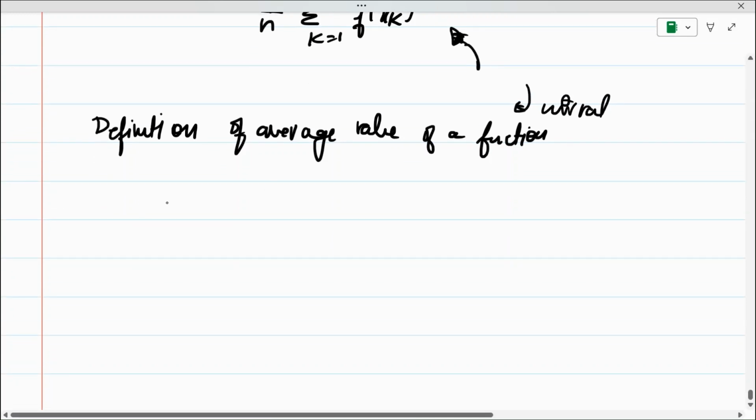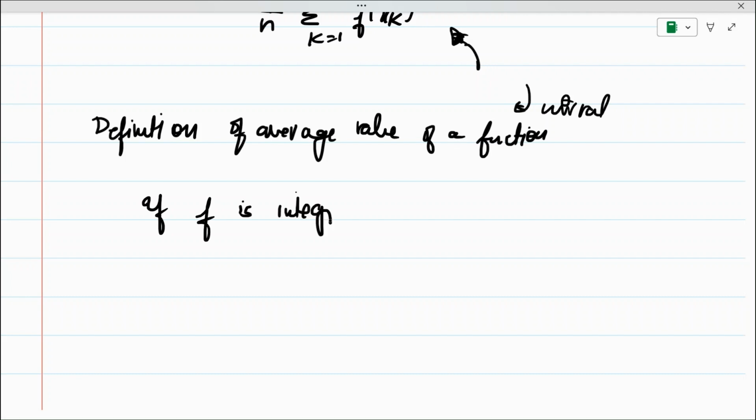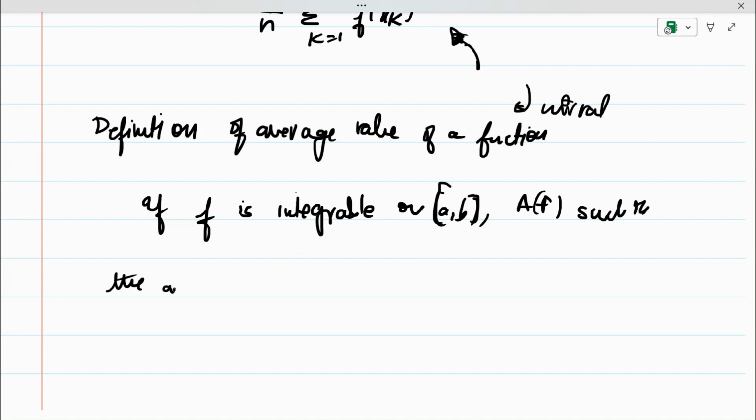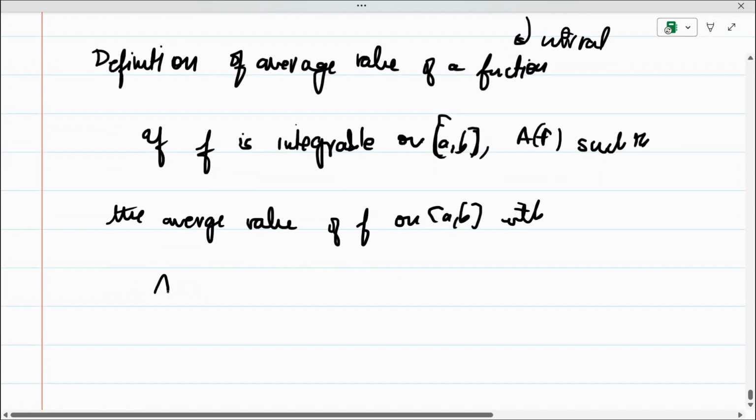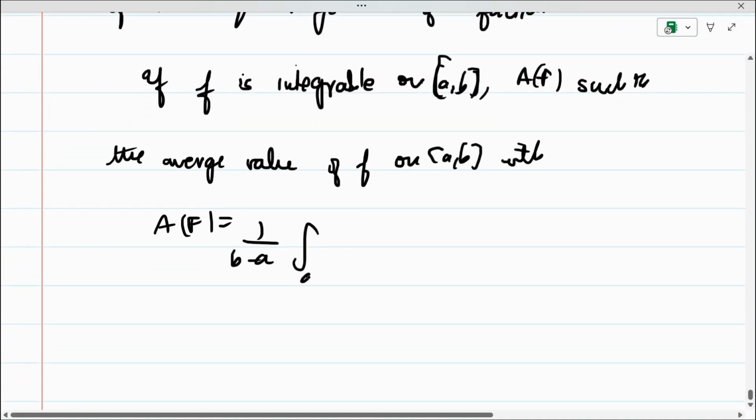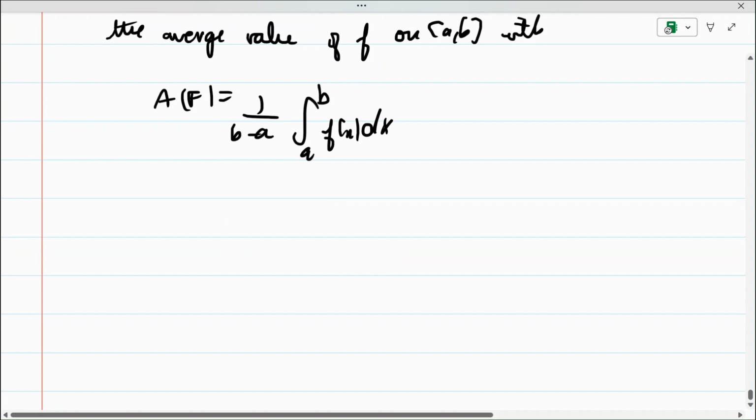So therefore, we come to the prerequisite that we integrate on a to b. Define the average value of f on [a,b] with the formula: f average equals 1 over (b minus a) times the integral from a to b of f(x) dx. So this is the formula of that.